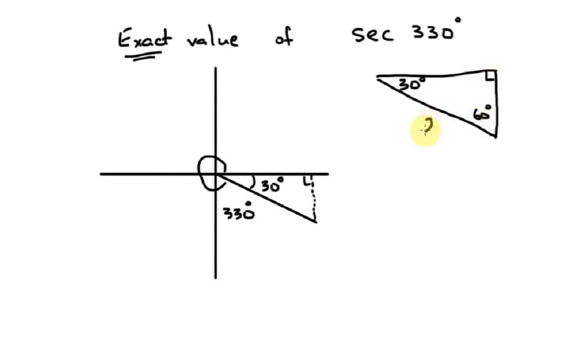The hypotenuse is 2. The shortest side across from the 30 degrees is 1, and then we had root 3 as the remaining side. So now secant of this 30 degrees would be the reciprocal of cosine. So instead of root 3 over 2, it's 2 over root 3.